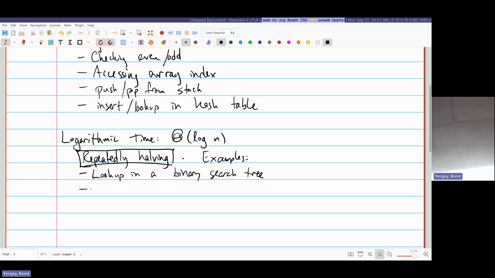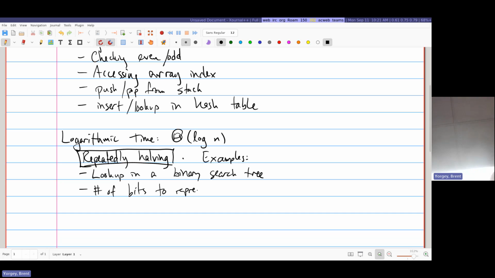There's a kind of search that takes log time. Multiplication? No, that takes longer than log n. In terms of the size of the numbers, well, log n is the number of bits you need to represent a number.